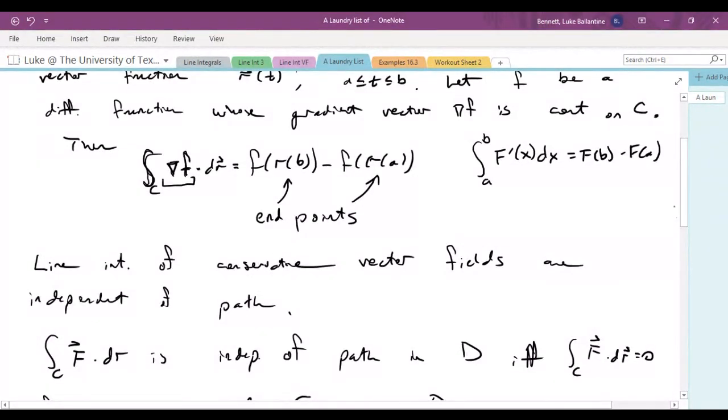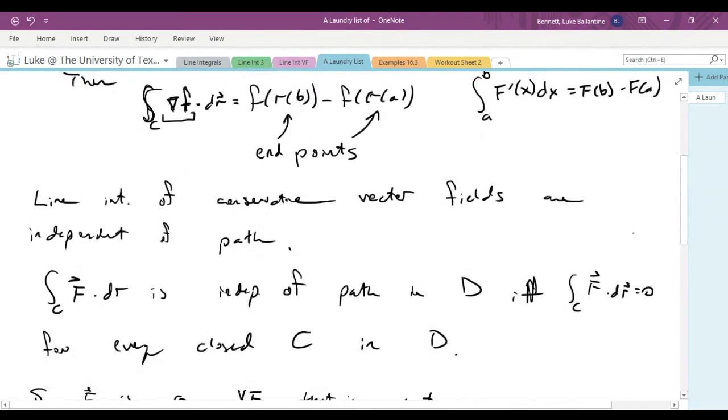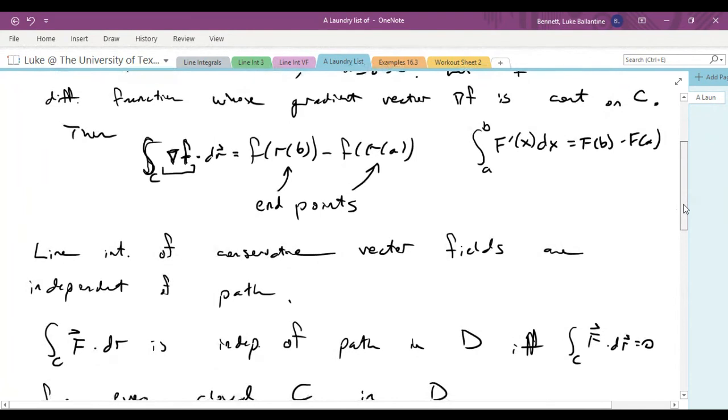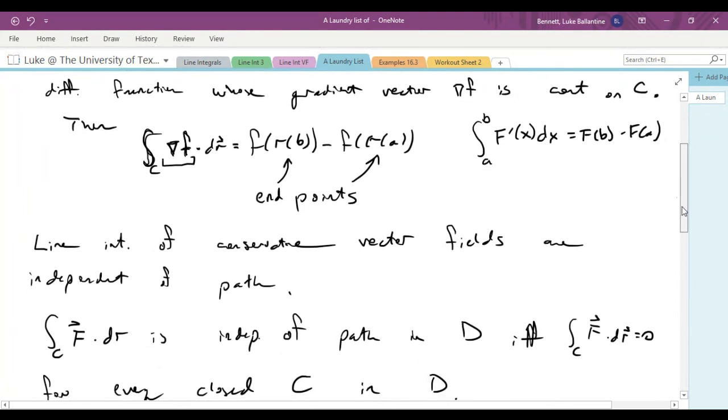The line integral of F dot dr is independent of path in D if and only if the integral over C of F dot dr equals 0 for every closed C in D. So we're going to come to the conclusion that gradient vector fields are conservative, hence independent of path.